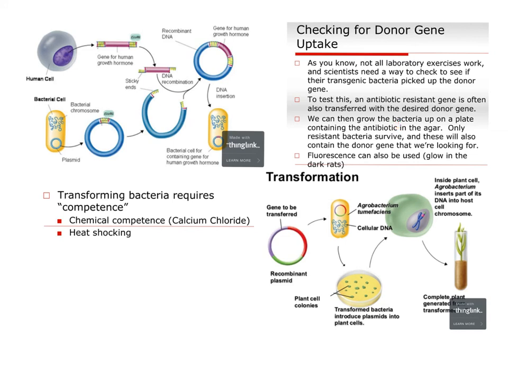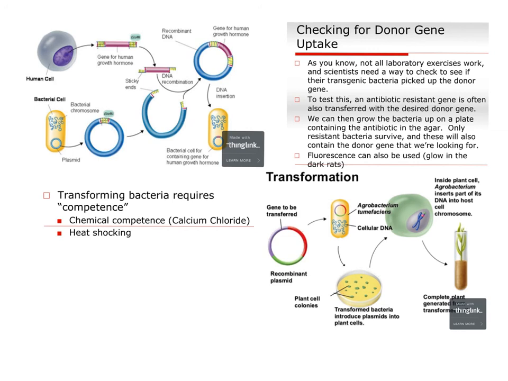And there's a couple of ways that you can do this. You can not only insert the human growth hormone gene, but at the same time, somewhere over here, you might insert a gene for antibiotic resistance, like something that's resistant to penicillins, like ampicillin.